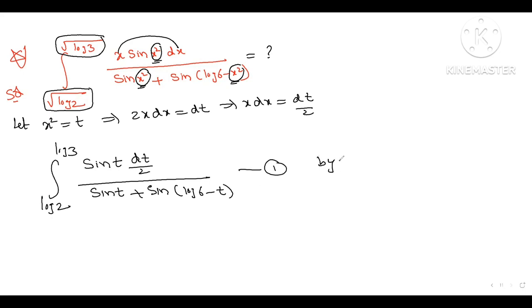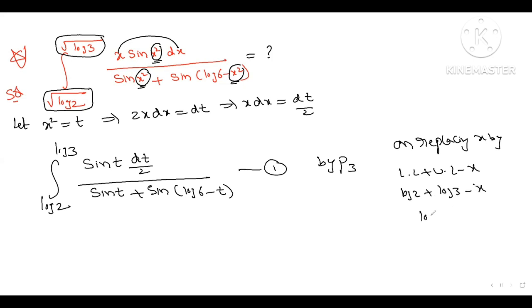So by using property number 3, on replacing x by lower limit plus upper limit minus x, LL plus UL minus x. What is the lower limit here? Lower limit is log 2, upper limit is log 3 minus x. The log 2 plus log 3, we get log AB formula, log 6 minus x. So in the place of t, write log 6 minus t.